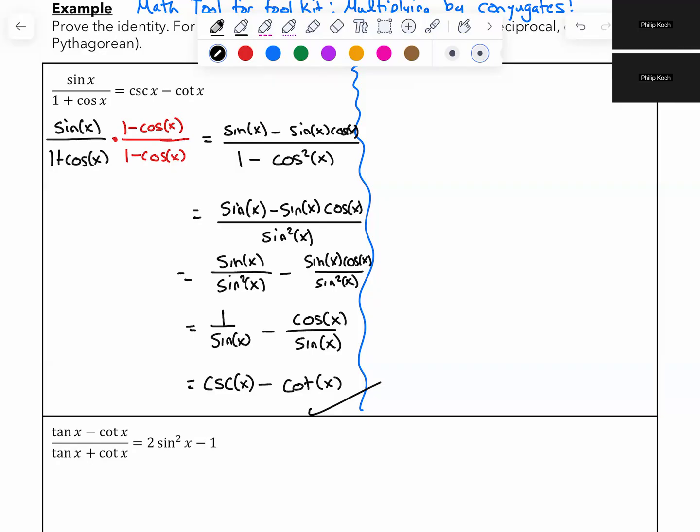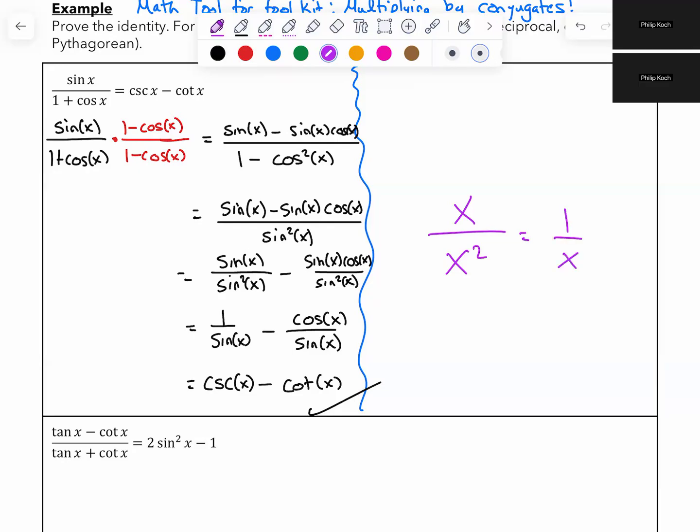Sure. So this is a good point, and this is something that we need to become comfortable with in our mathematical career. So I'm glad you brought this up. Cosine of x and sine of x, any of these trigonometric functions, they're just a quantity. So if you have x over x squared, what does that become? 1 over x.